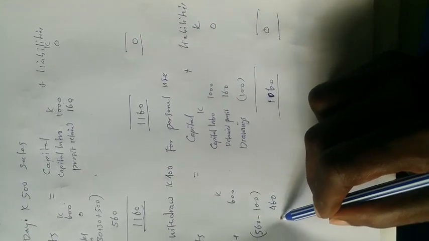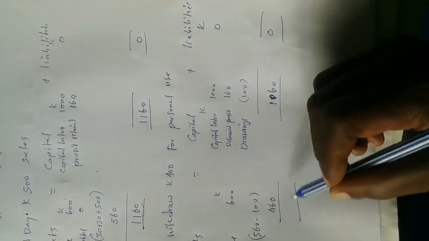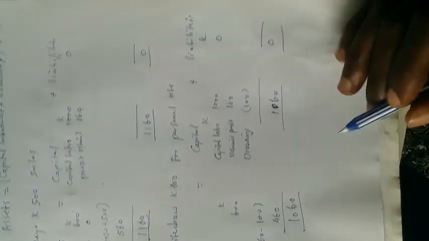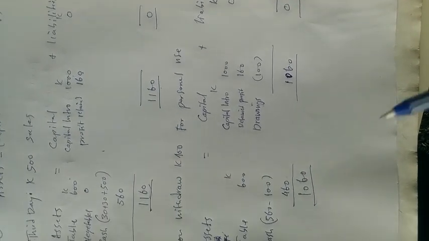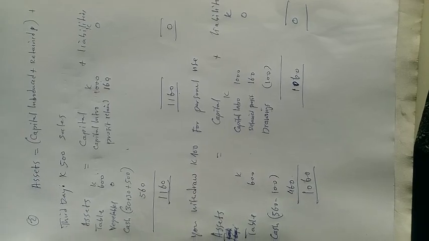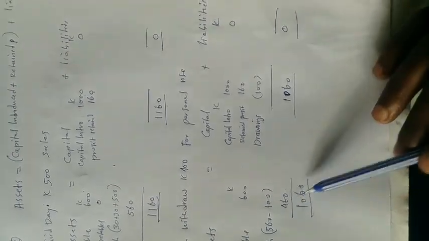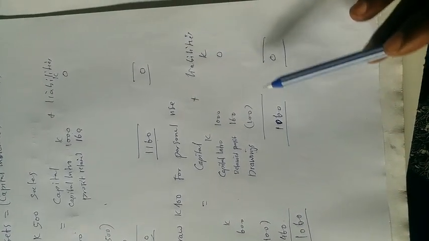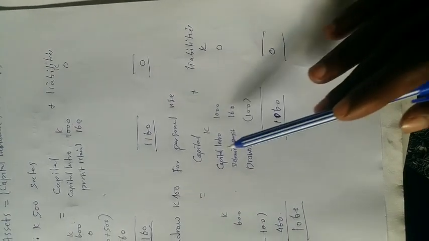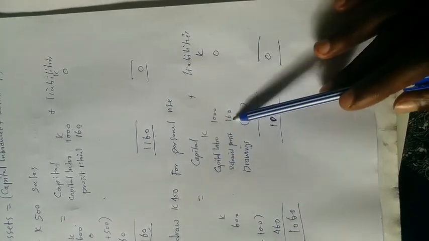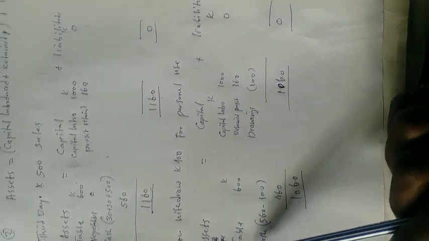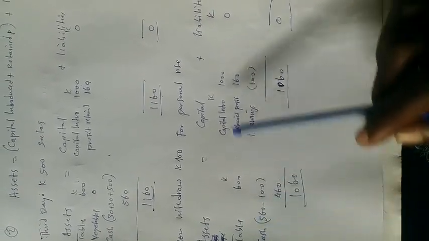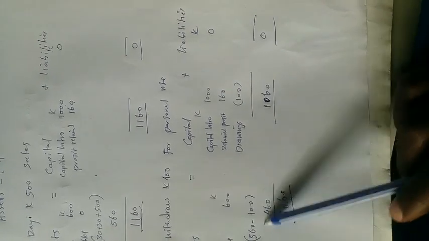The same goes to the assets, you're going to have 1,060 because the 100 kwacha was withdrawn in form of cash, and your cash has reduced. This is how you keep on reflecting. If more capital is introduced, you add it in here, and also you add it on the assets here.